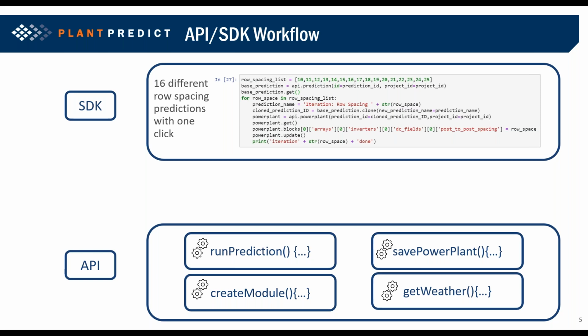Your imagination is really the only limiting factor here. When you click run on this cell, requests are sent, and you can run as many functions, as many things as you want with that one click, and you get the response back. And you can do whatever you want with that response.